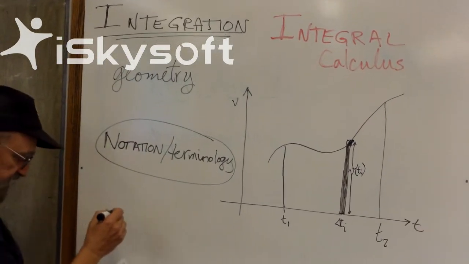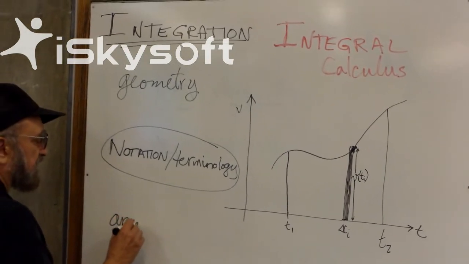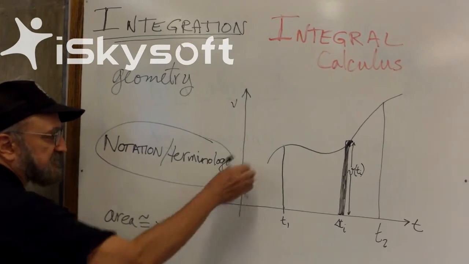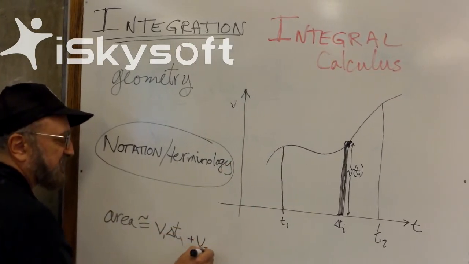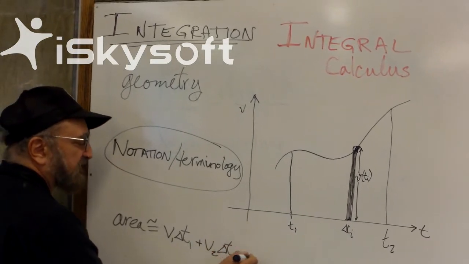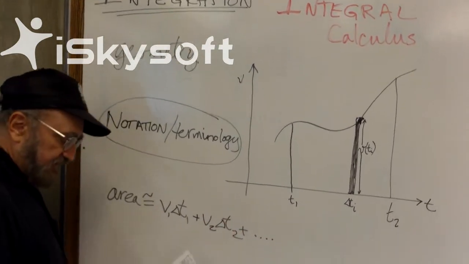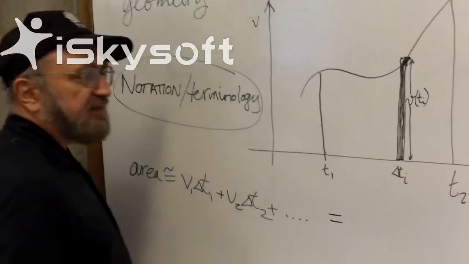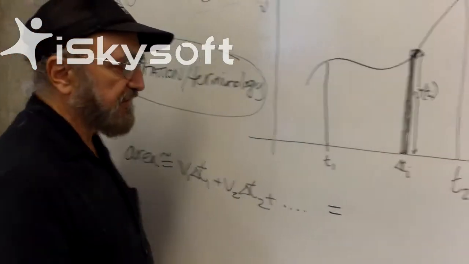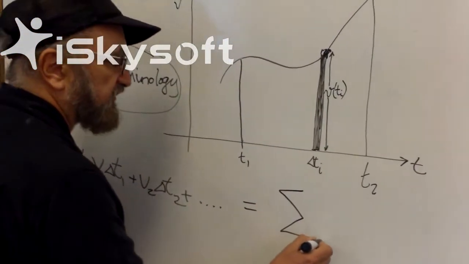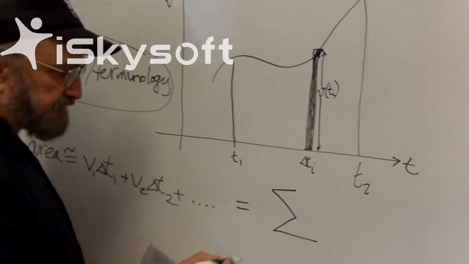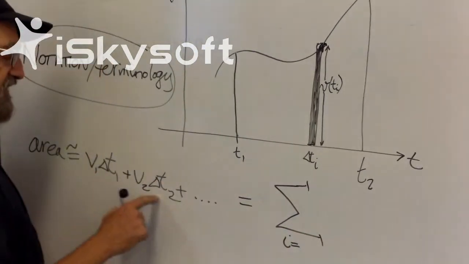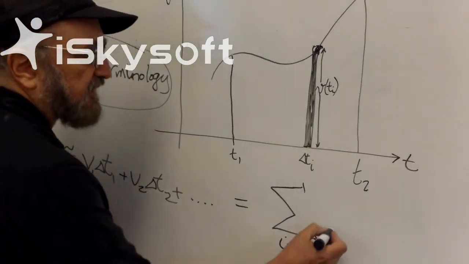It suggests the following notation, that the area is defined as approximately V1 times delta T1, first level area, plus V2 times delta T2, plus etc., all the way up until we get to as many as we've divided into. There's a mathematical notation you may be familiar with for such a long sum, and that sum is indicated by a sigma, and then we can have each of the terms with just an index.